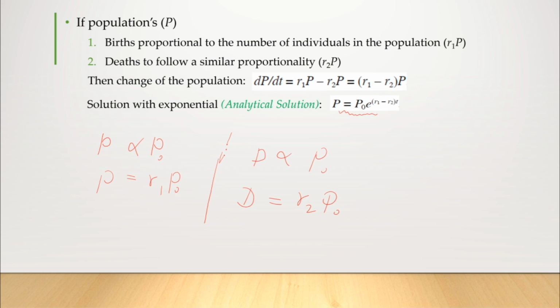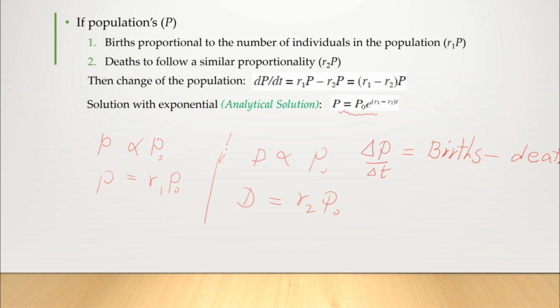So if we consider the change in population, the rate over time is births minus deaths. We know that already.